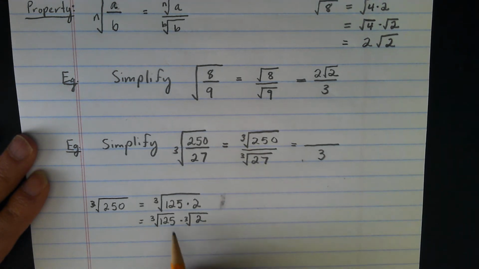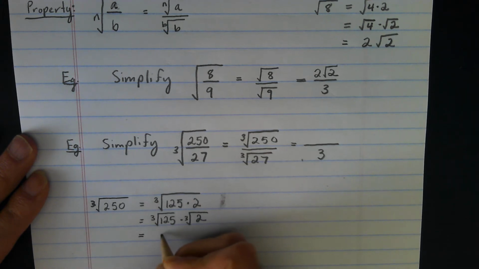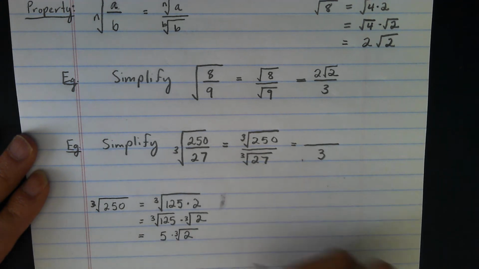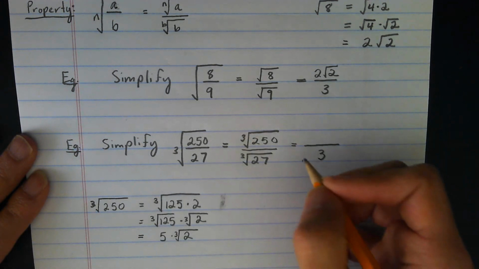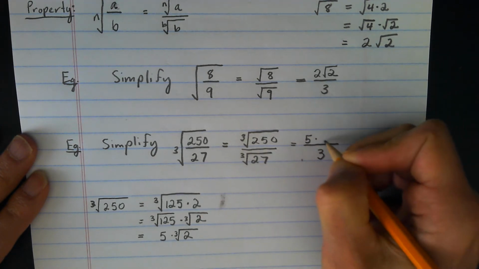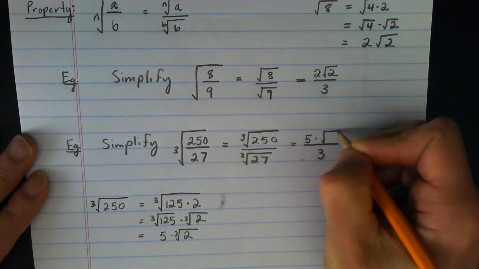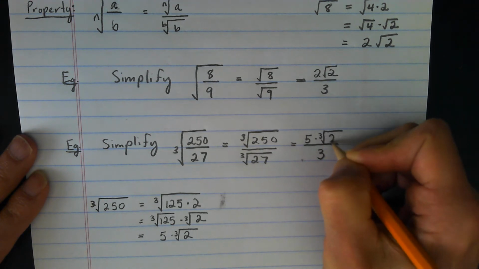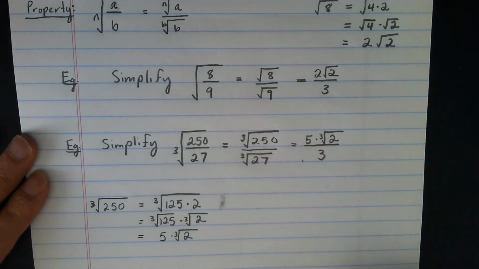And then from there, the cube root of 125 is just 5 times the cube root of 2. So therefore our final answer is 5 times the cube root of 2 divided by 3.